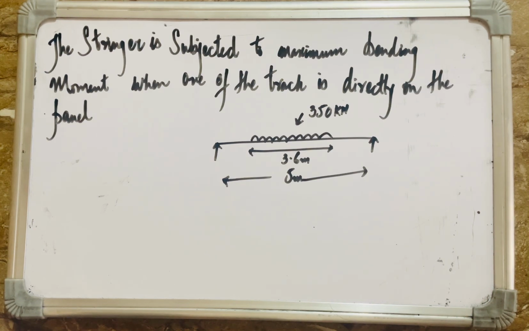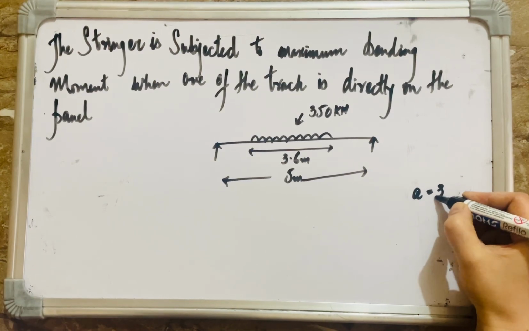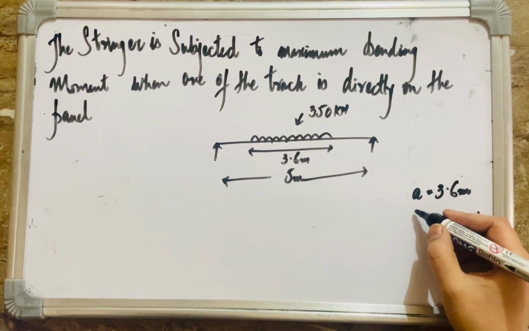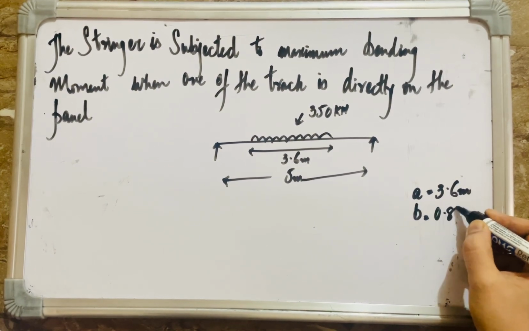As already discussed during the design of the deck slab for the same bridge, A and B are the dimensions of the tire contact area in the longer and the shorter span. A is 3.6 meters and B is 0.85 meters.